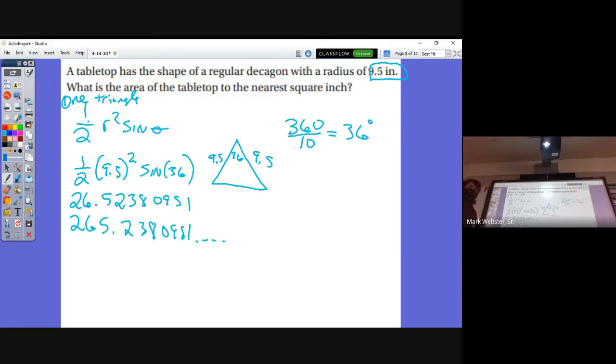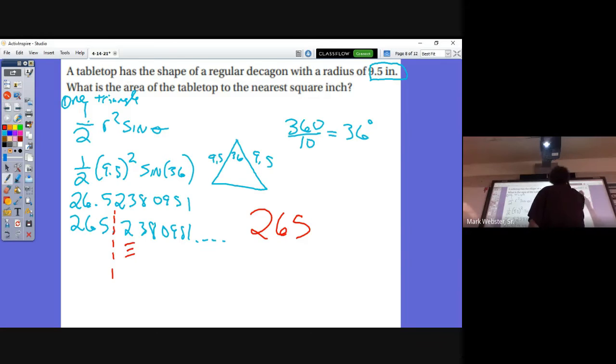So that's what we get. It's important to wait till the end to round because you want to get the most accurate answer possible. So we get 265. It's our final answer, and our units are square inches.